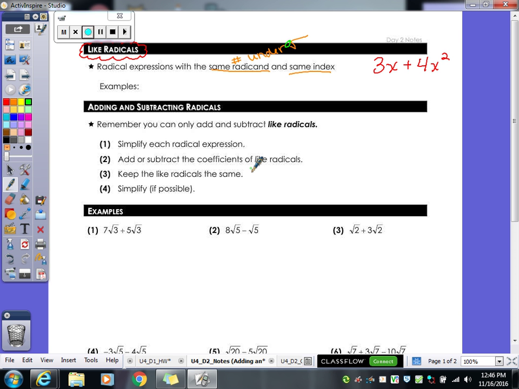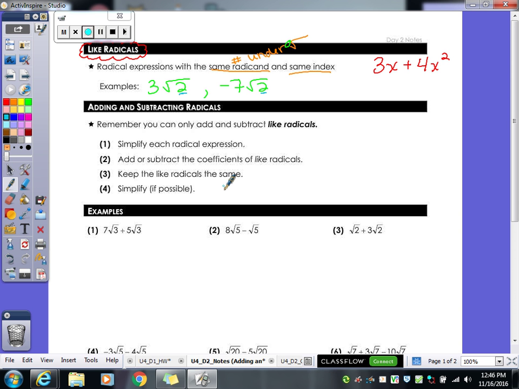So some examples would be 3 square root of 2 and negative 7 square root of 2. Those would be like radicals because our number underneath the radical is the same. Those are both a 2. And these are both square root signs. How do I know it's a square root sign?